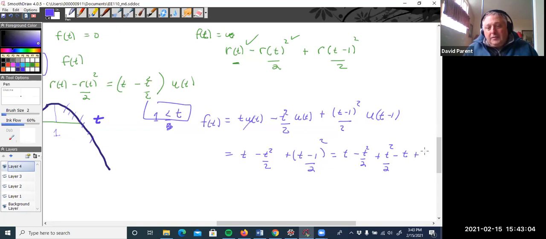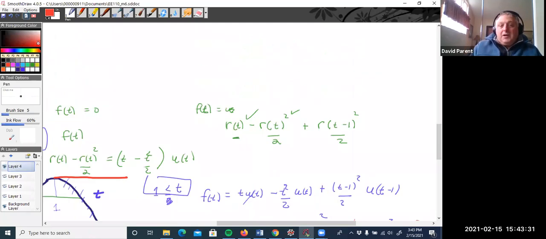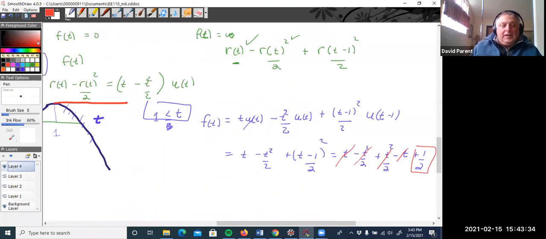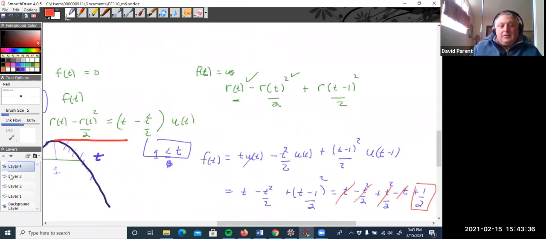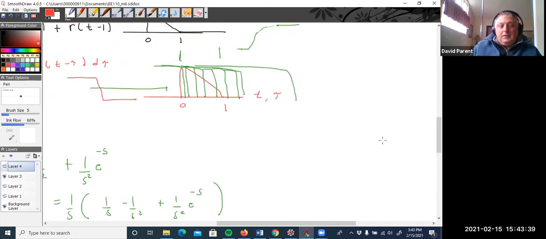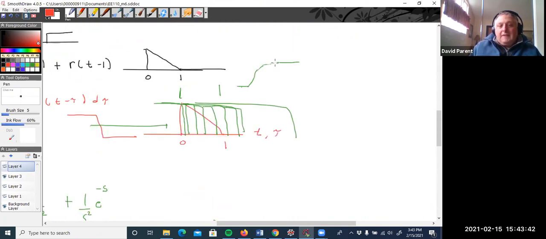Then I'm going to get plus 1/2. So this t cancels here. This t squared cancels here. And we're left with a constant of 1/2. So that's what we get, which is what we anticipated just by kind of sketching it out.